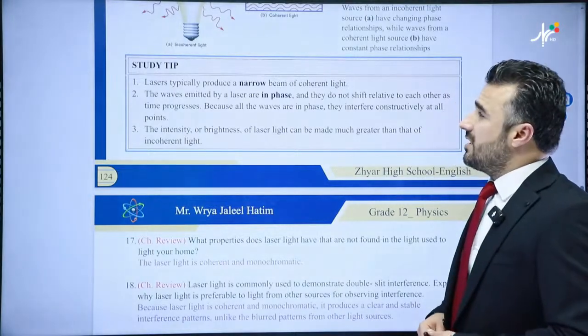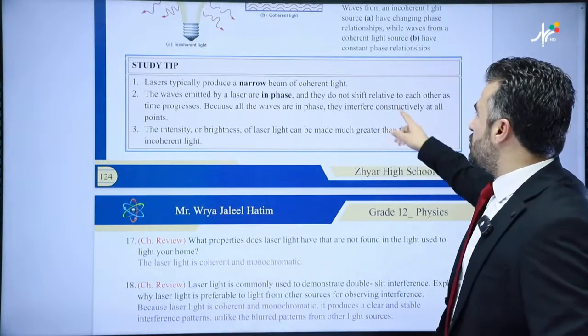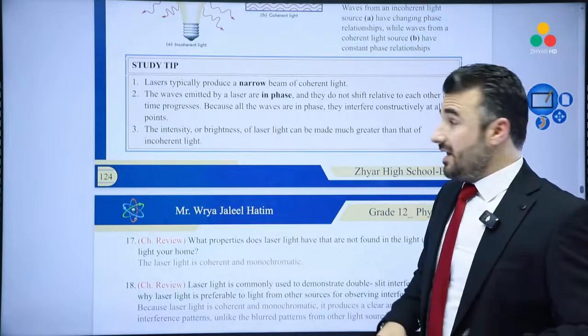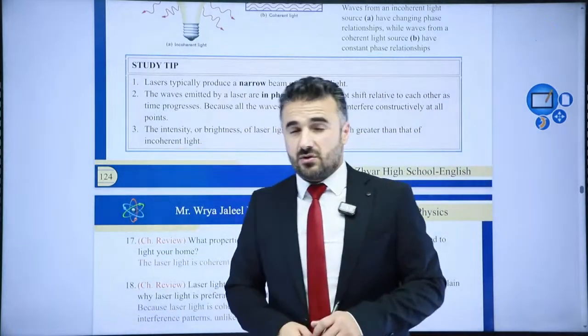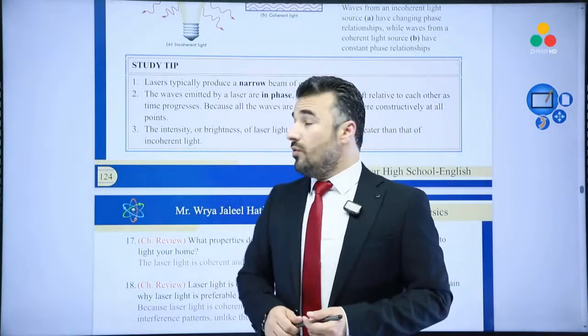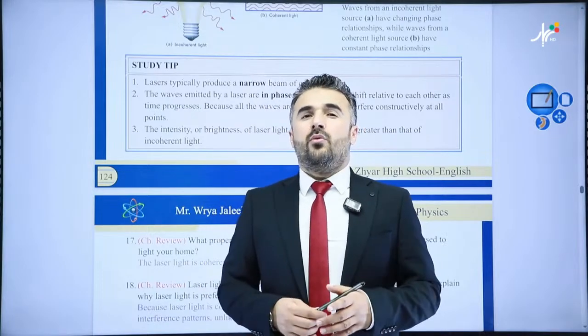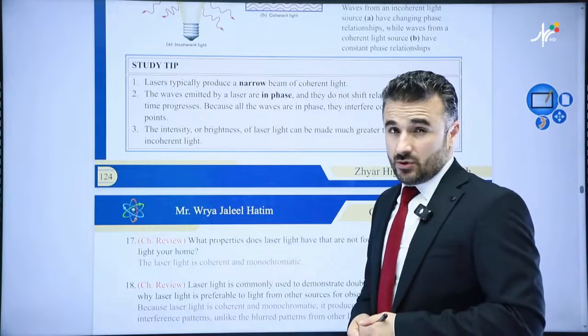The second point: the waves emitted by a laser are in phase. They do not shift relative to one another as time progresses, because all the waves are in phase, and they interfere constructively at all points. Because all these waves are coherent, they maintain the same phase difference, so they always interfere constructively as long as we have the laser light.